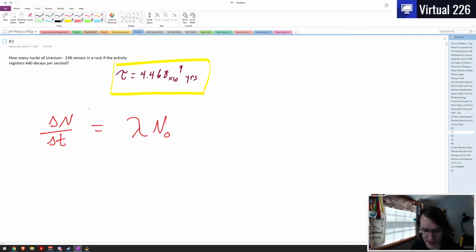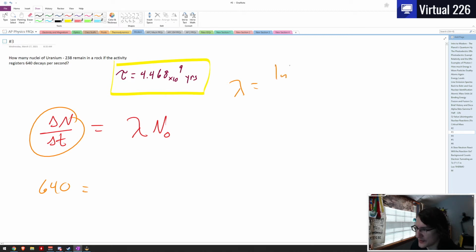But what we can pretty much say here is if we're looking for how many remain at this point in time, we can say that our activity is measuring 640. So this activity here is 640, and that will equal lambda times N naught, where we're probably going to find a fraction of that. In order to find this lambda, we actually need to use our half-life.